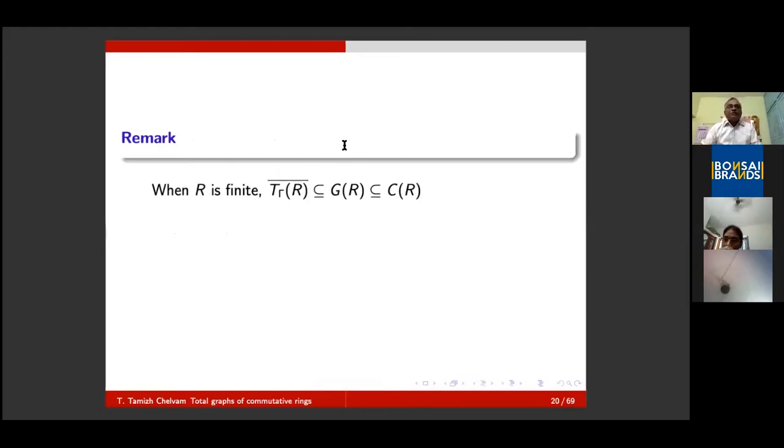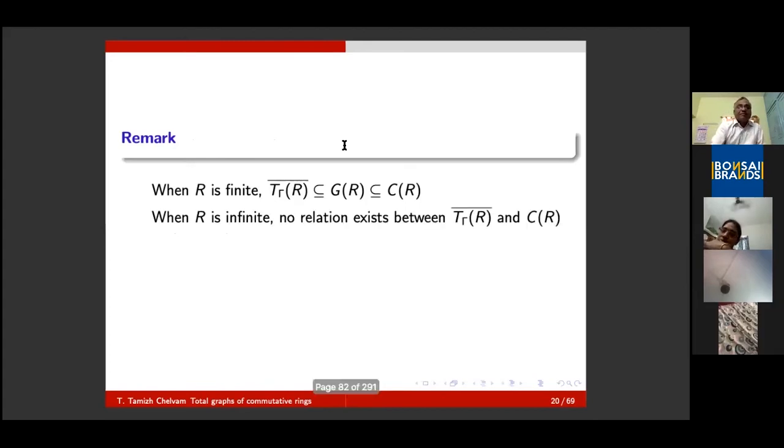Now, as we have mentioned earlier, when R is finite, they are all one and the same. When R is infinite, we have visualized a difference between the complement of the total graph, where X plus Y is a regular element, and the comaximal graph, where Rx plus Ry equals R.